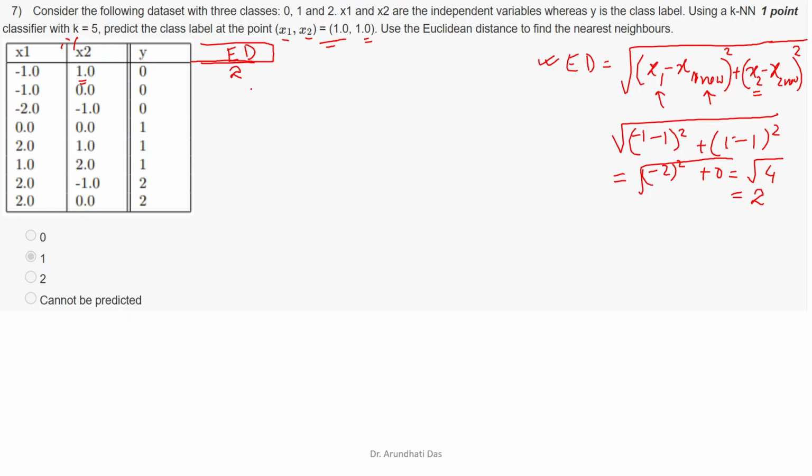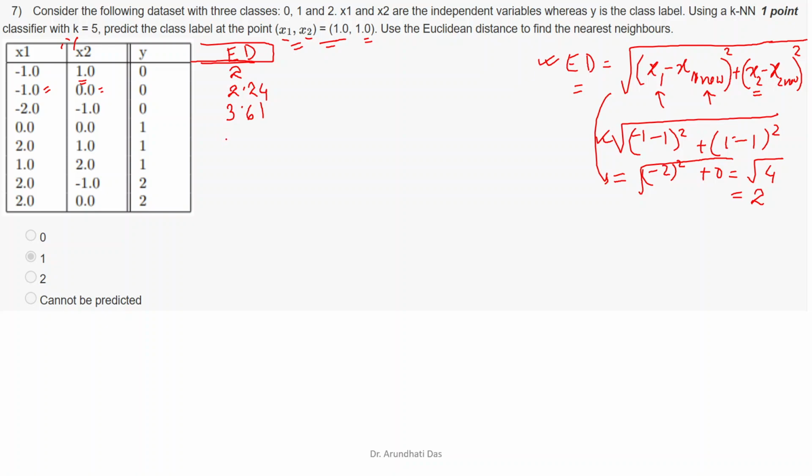Similarly, we calculate the Euclidean distance of the new data point from the second row, and this value after calculation is 2.24. The calculation follows this formula only, which is a very simple formula. With the third data point, this distance value is 3.61.